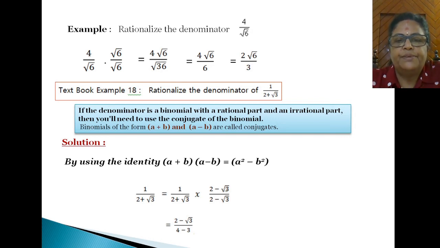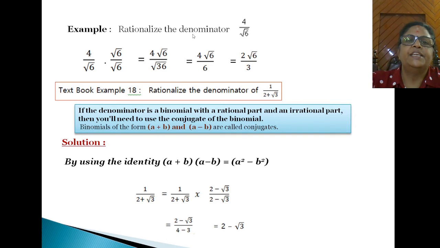Numerator into numerator: 1 into 2 minus root 3 is 2 minus root 3. The denominator is 2 squared minus root 3 squared. 2 squared is 4, root 3 squared is 3, and 4 minus 3 is 1. So 2 minus root 3 by 1 is 2 minus root 3. Here the denominator is a rational number, so we have rationalized the denominator.